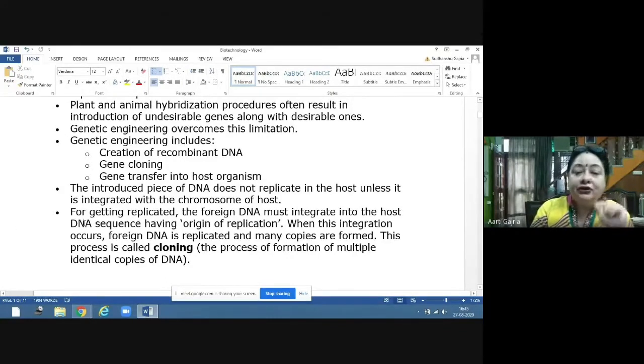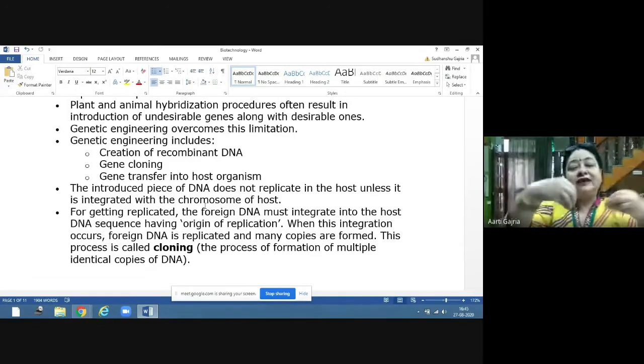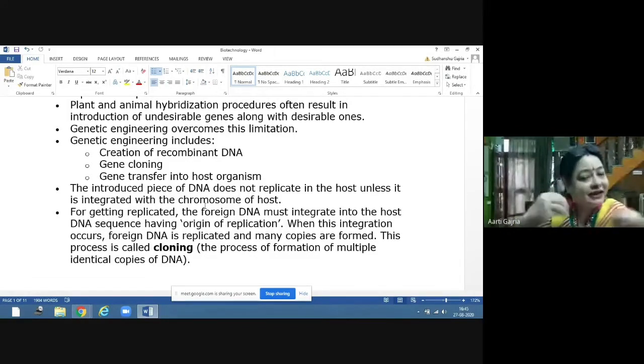Now, the introduced piece of DNA does not replicate in the host unless it is integrated with the chromosome of the host. Suppose you have put a piece of gene in any cell. It will not replicate. It will only replicate when it is incorporated or integrated with the chromosome of the host.